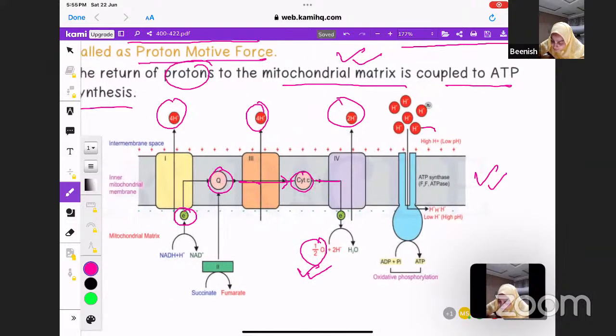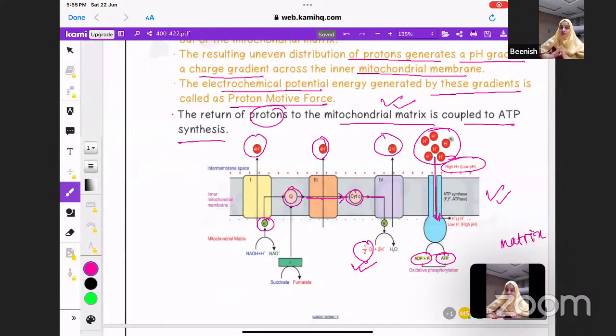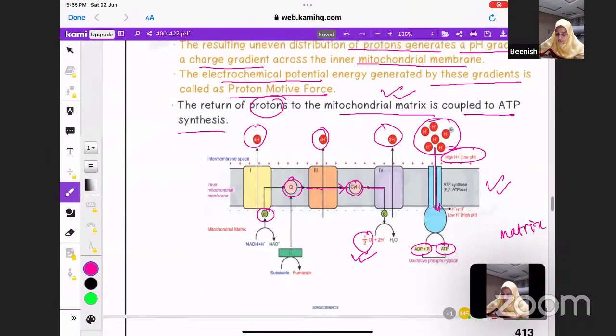There is a high proton concentration on this end, the intermembrane space, and this side is the matrix. Protons are being pumped back into the matrix, and this is coupled with generation of ATP. So this is your chemiosmotic theory.